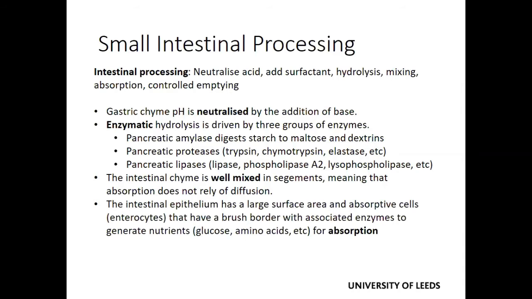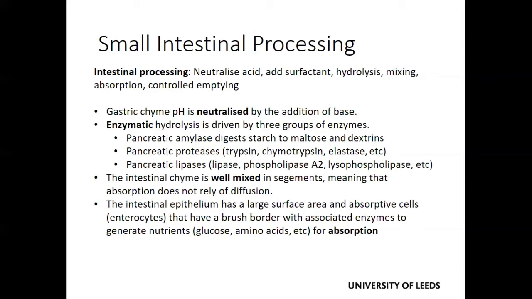The intestinal epithelium has a large surface area, and absorptive cells called enterocytes have a brush border, and associated with that brush border are enzymes that generate the final stages of digestion, if you like, to the nutrients that are actually absorbed.